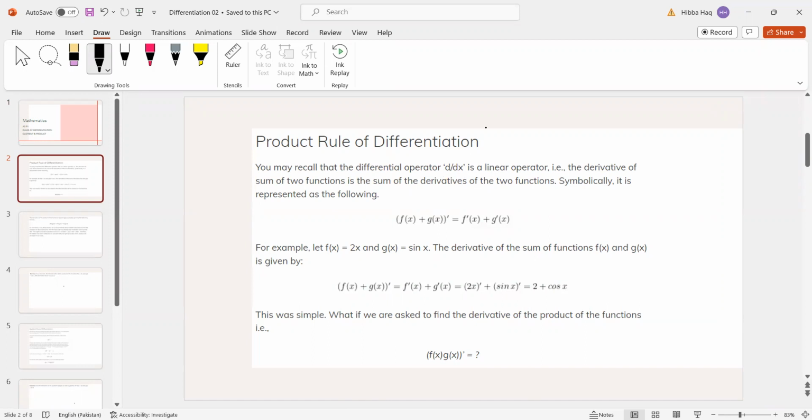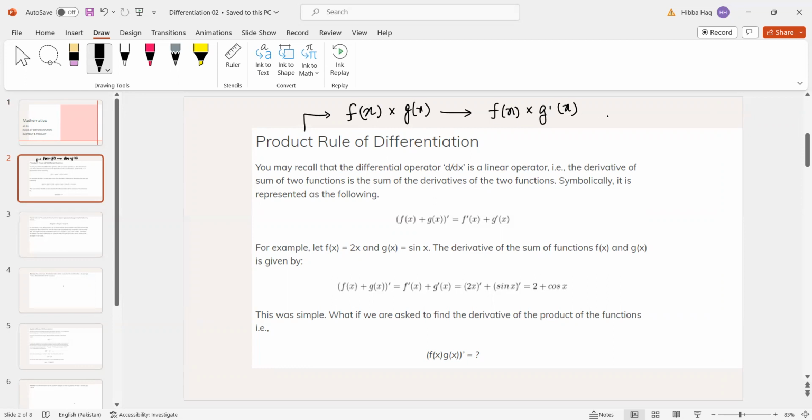In the product rule of differentiation, you have two expressions that are being multiplied with each other. So if you have f of x multiplied with g of x, you're going to be applying the product rule. The product rule basically states that you take the first expression multiplied with the differential of the second expression.